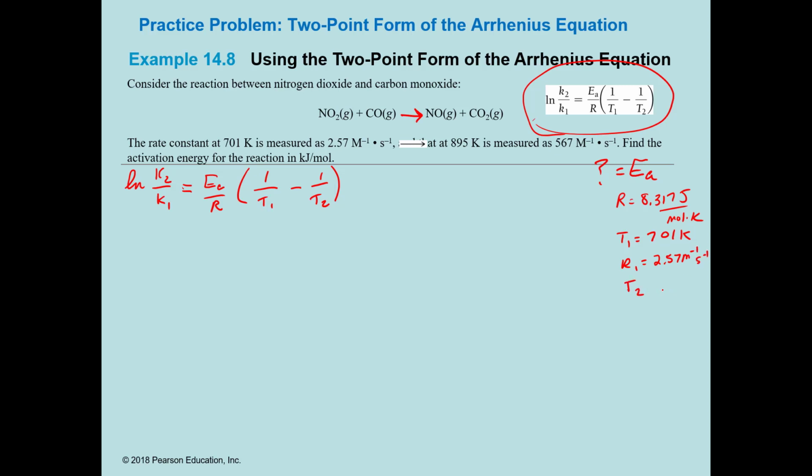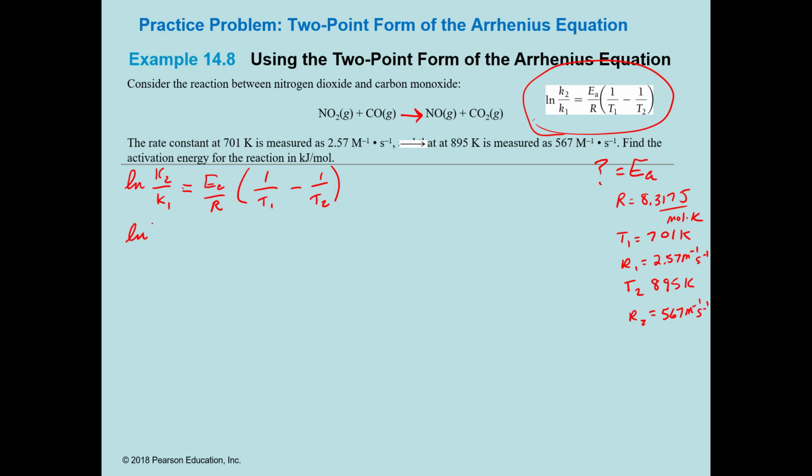Then I've got T2, which is 895 K. And I've got K2, which is 567 meter minus 1 second minus 1. And so I'm finding E sub A. So I have every number except E sub A. So really all I'm doing is just plugging numbers into this formula. So I'm going to go ahead and do that.